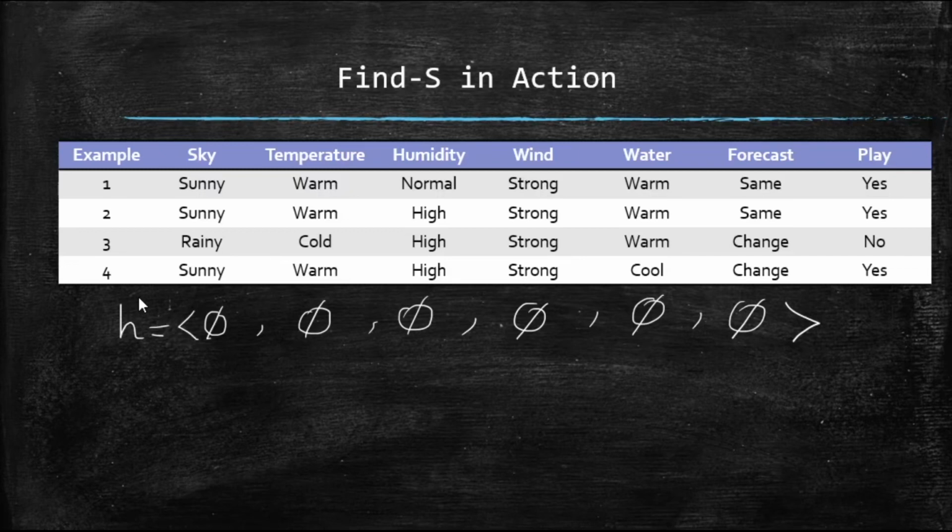So this is basically a point in the hypothesis space, right? Now, based on the algorithm, we go through the first training example, which is positive.